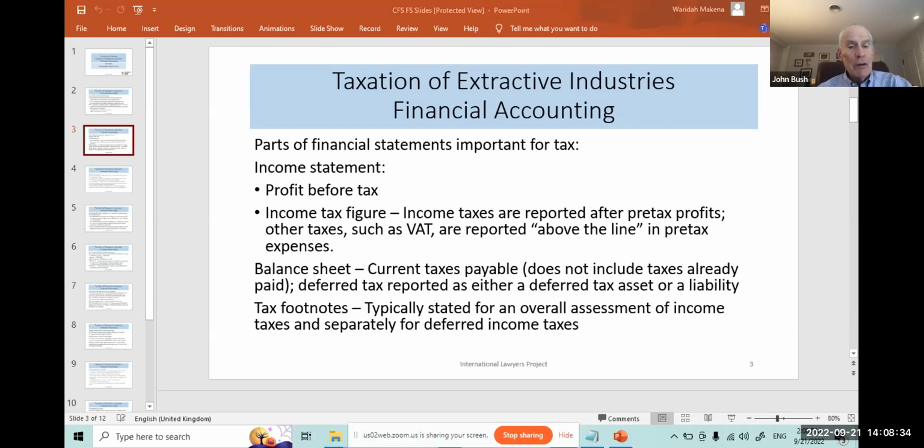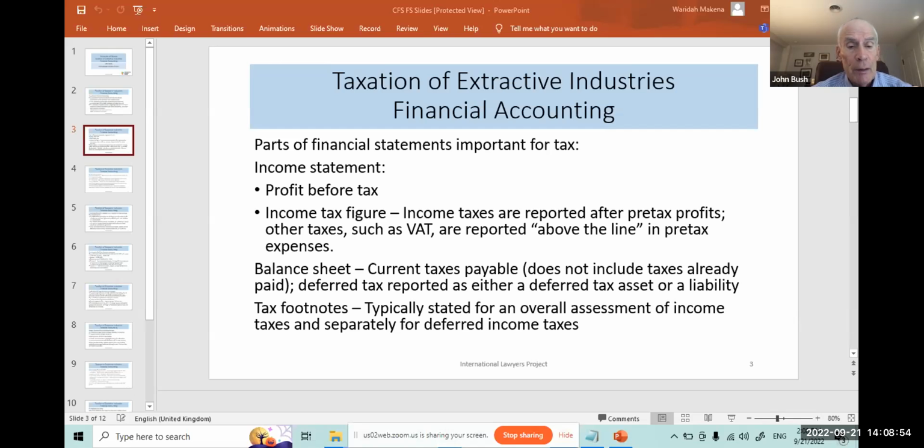And then you'll see also something called deferred taxes. And deferred taxes are taxes where the calculation of taxable income in a jurisdiction is done on a slightly different basis than the calculation of financial statement income.